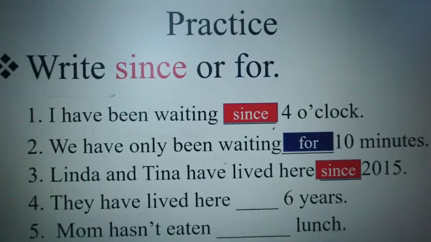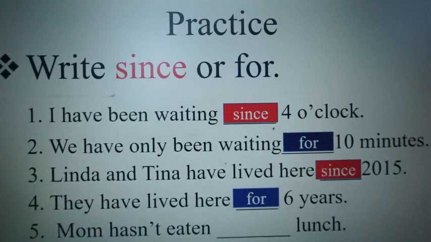And number three, "Linda and Tina have lived here since 2015," and right now they are still living here. Again, since is used with starting points of an action, event, or state, and it still continues up to right now. And "they have lived here for 6 years."